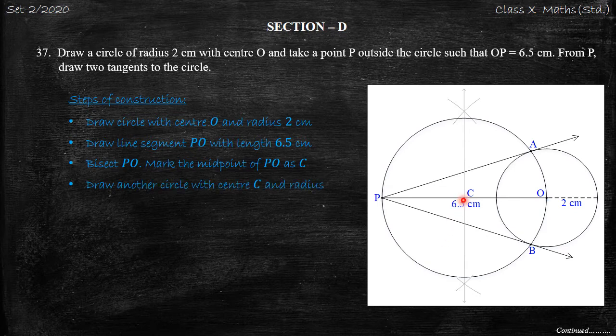Now with this midpoint as center, and CP as the radius, draw another circle, which is the big circle. It meets the small circle at A and B. Now join PA and PB.